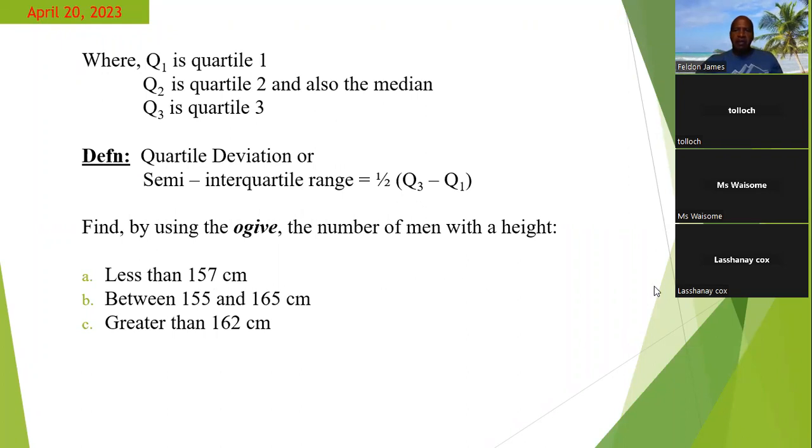So what we're going to do, look at our graph now. We find the height of 157, and from that height we determine how many men, and the number of men must be determined by the cumulative frequency axis.